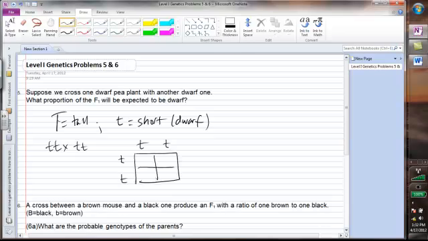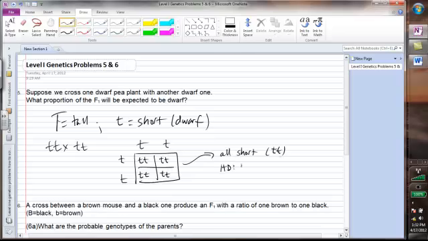We put the gametes of the parents on the outside of the square, and if we recombine all those little t's, all we get is homozygous recessive in the next generation. So, you know what, we could realize this, they're all going to be short, homozygous recessive, or we can just remember our proportions, okay?